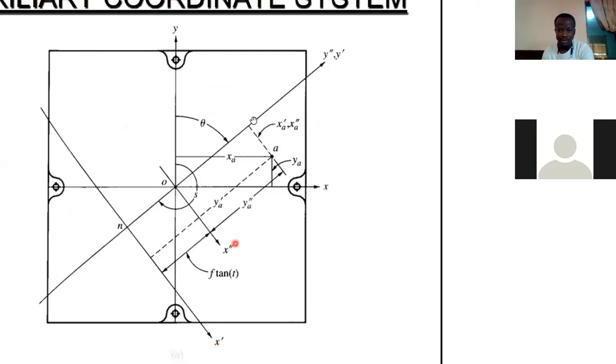So x prime is here. Okay, and then we have x prime, y prime. Then we do a shift of the x prime, y prime coordinate system to x prime prime, y prime prime. Then we rotate it. Then we get x, y. So you get it.